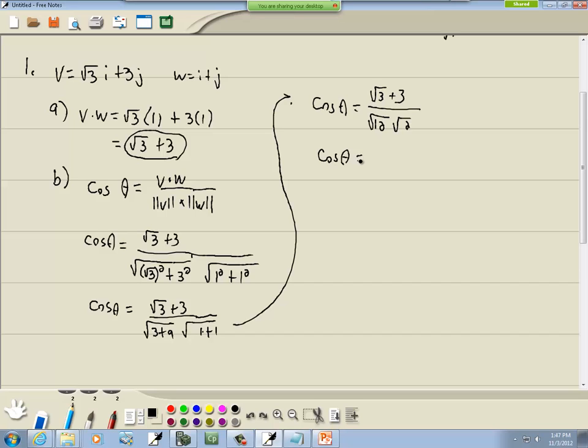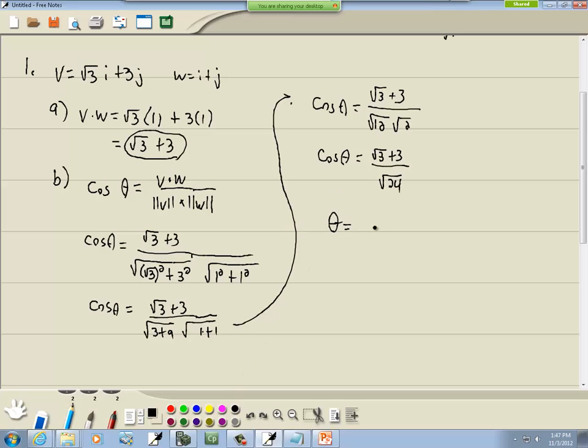It's probably easiest to do a little bit of simplifying before we go on with this. We got square root of 3 plus 3 over square root of 12 times square root of 2 is square root of 24. Now we're going to take inverse cosine of both sides.